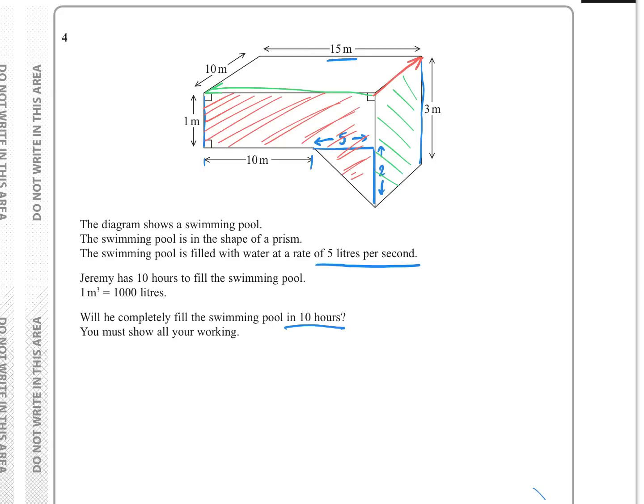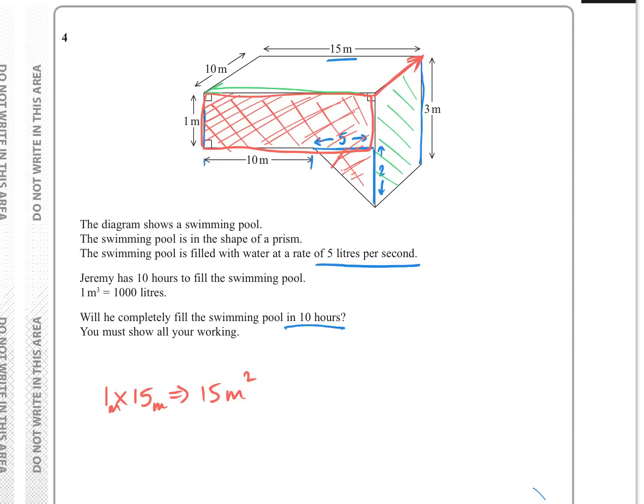So I'm going to find the area of the shaded part and then just times the answer for that by 10, and that will be the volume. So first things first, I'm going to do the rectangle part first. That's just going to be 1 by 15, which is obviously 15, and that's going to be meters squared, because it's 1 metre by 15 metres.